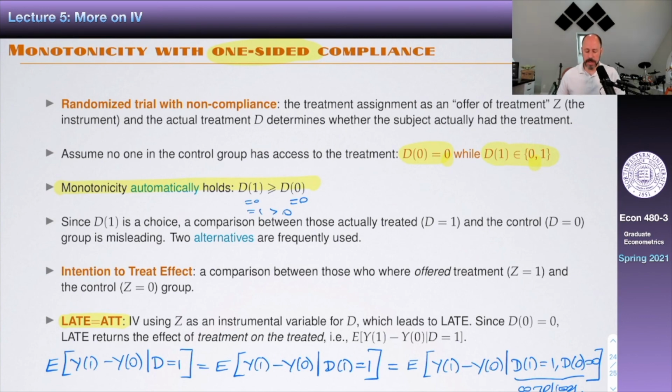It's not a criticism of LATE per se. Think about the average treatment effect. Suppose that you want to study the effect of college on earnings. The average treatment effect is going to be a parameter that answers the policy question of whether everybody goes to college versus nobody goes to college. You're computing the expected value of Y1 minus Y0. And so on average, what's the effect of such a policy?